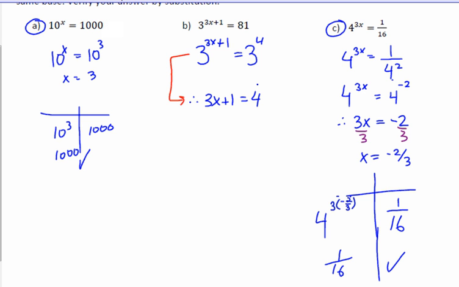All right, so what's our next step? X by itself. Spencer, what's next? Take away 1 from 4. Oh, sorry, Steph, I made a mistake. Because it's take away 1, that gives us 3.